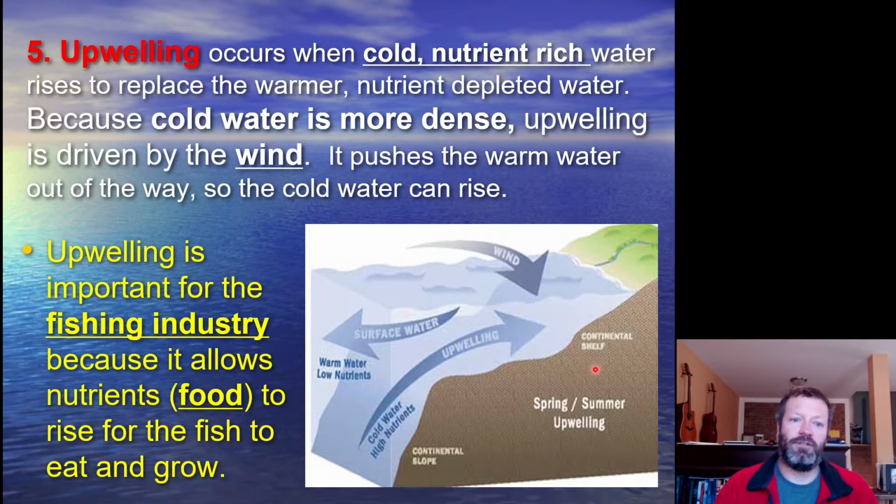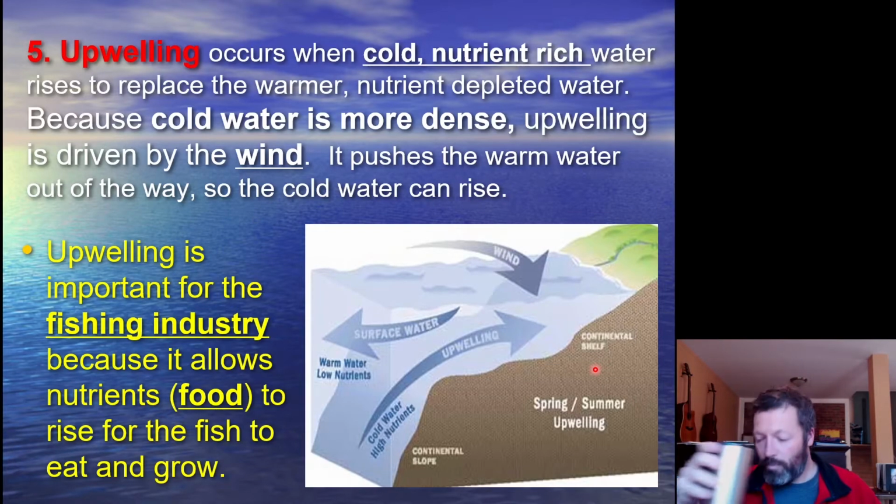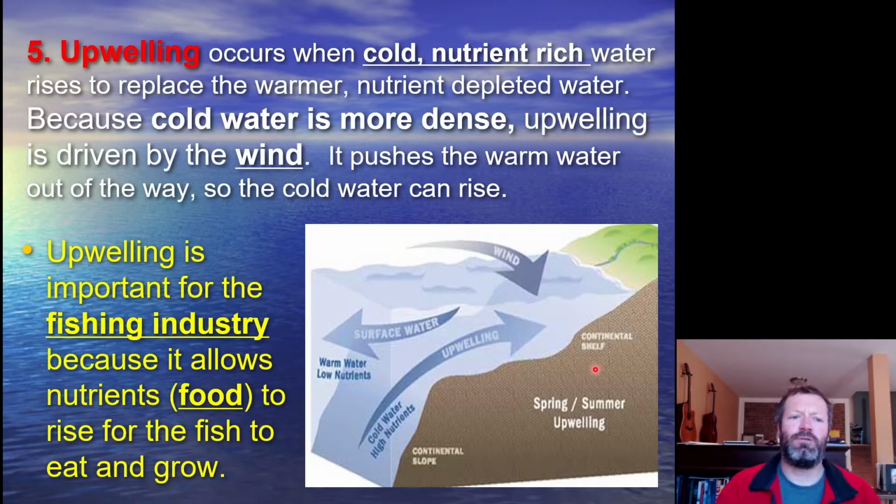Speaking of nutrients, cold water tends to be very rich in nutrients, whereas warm water tends to have those nutrients depleted. And so you get these wind-driven currents that cause the upper layer of warm water to be pushed offshore, and the colder nutrient-dense water to get pulled up to the surface.